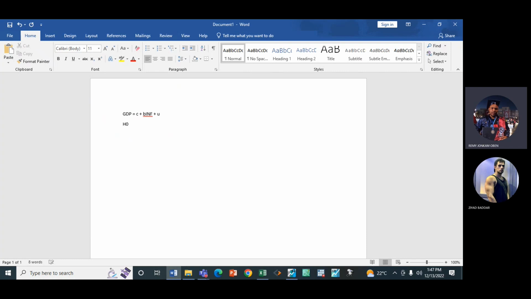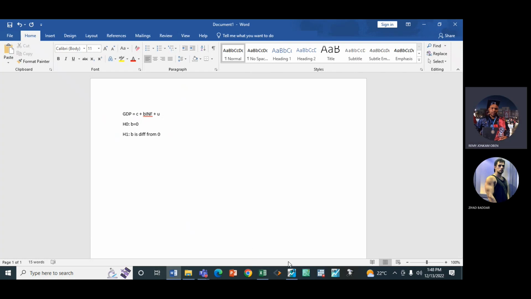What's the null hypothesis? This coefficient or constant, whatever we are trying to test, equals 0, right? So this beta equals 0. The alternative hypothesis is that beta is different from 0.